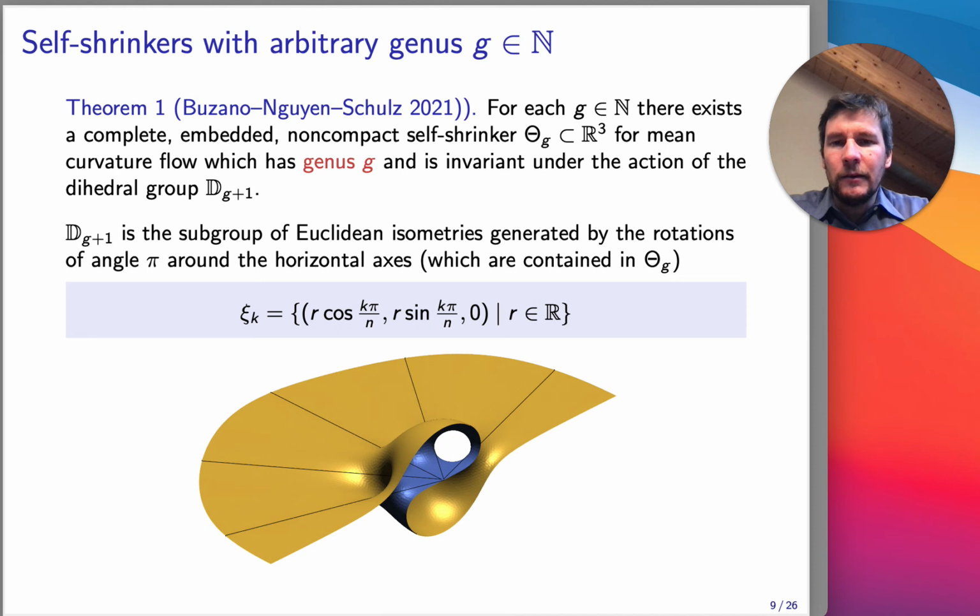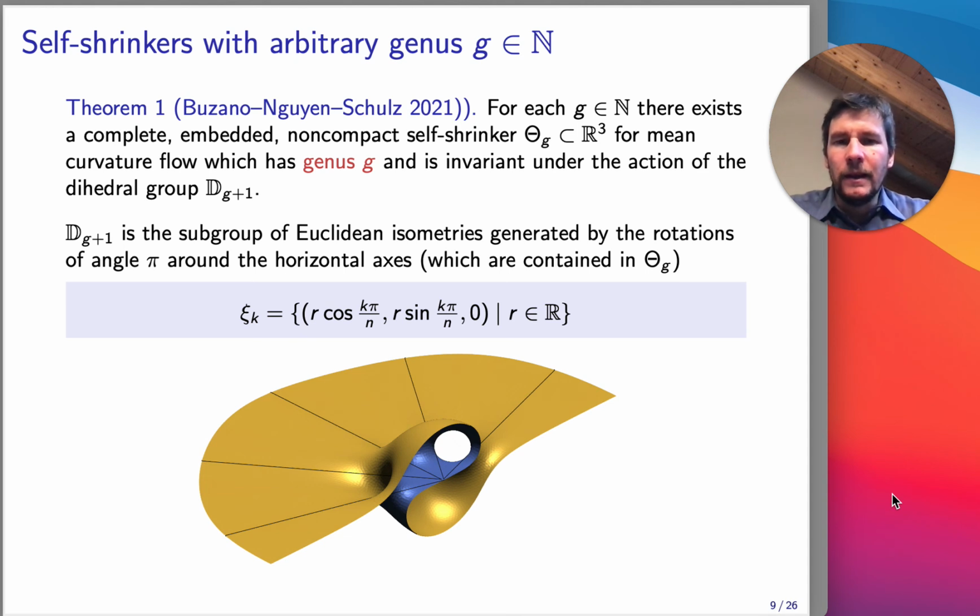Now let me say a little bit about the symmetry group. D_{G+1} is the subgroup of isometries generated by rotations of angle 180 degrees around horizontal axes, and these horizontal axes will then be contained in our self-shrinker. So here we have a picture. We have these horizontal axes that are contained in our object, and if we rotate by 180 degrees around one of these axes, then we get the same object.